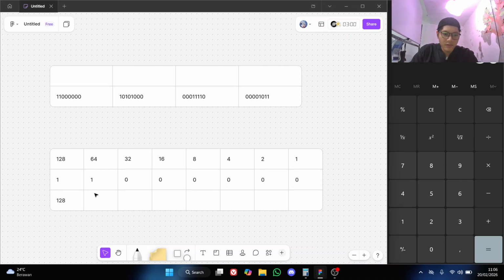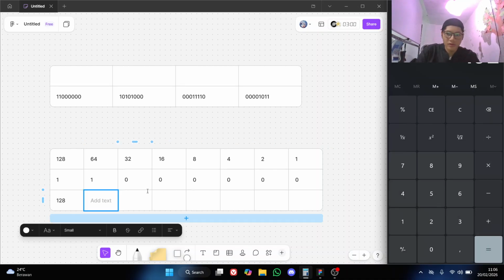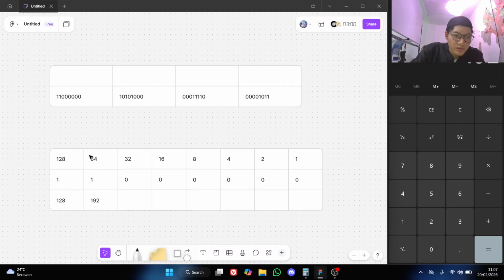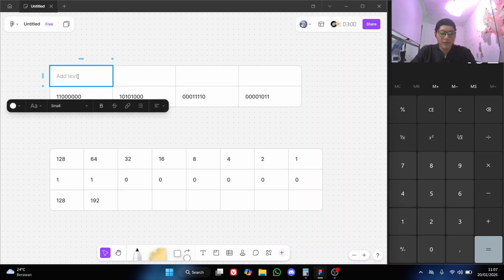And then we have 64, so 128 plus 64 is 192. So it's 192 because 128 plus 64, and the rest are all zero. So the first octet we have is 192.